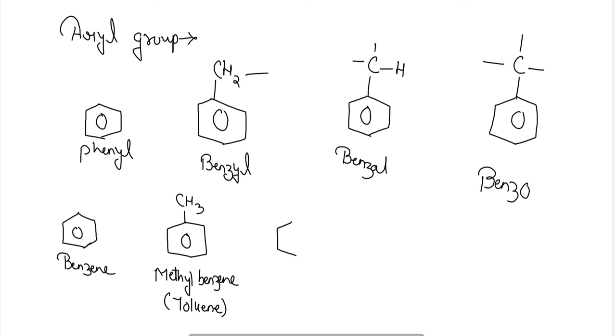Next, when a longer chain is there, such as CH2CH3, then it will be ethyl benzene.